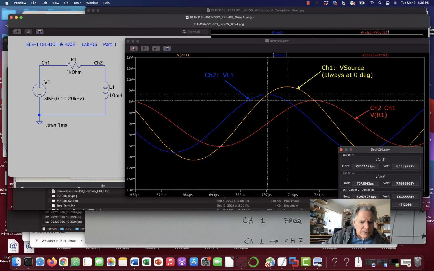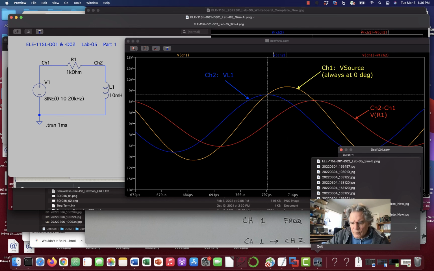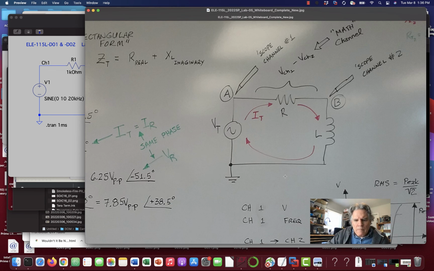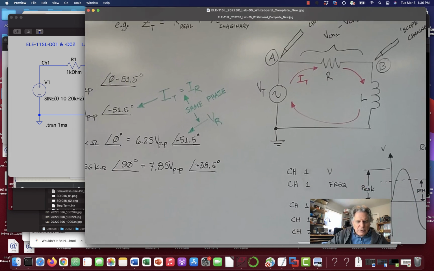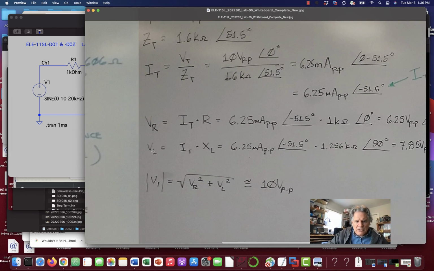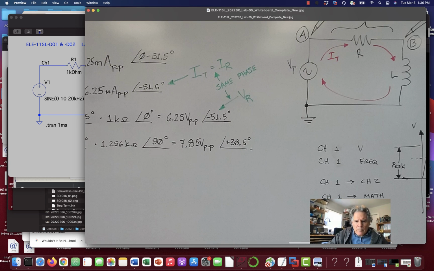Well, here we can look at our calculation, right? What were we looking at here? So for VR2, for the voltage across the inductor, channel 2, this is VL, we had plus 38.5 degrees.